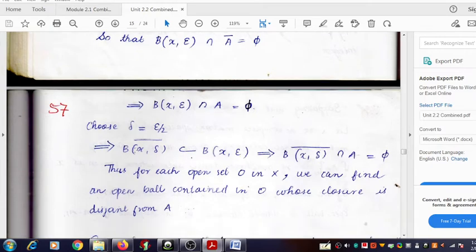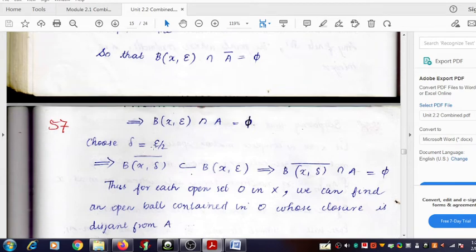So it is well contained in B(x, epsilon): B(x, delta) is a subset of B(x, epsilon), since its radius is much smaller than the radius of the first ball.